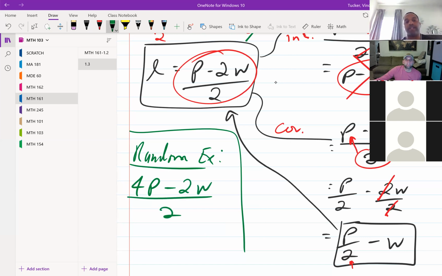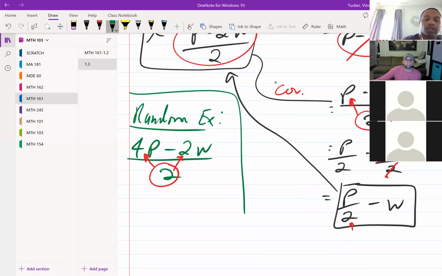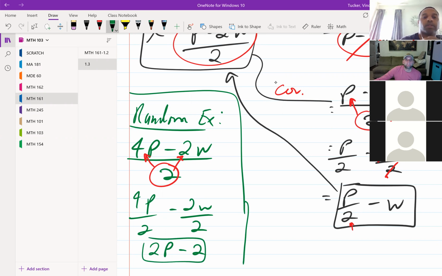If you have this, then you do have to reduce because this 2 can go into the 4 and it can go into that 2 evenly. And that means you would do 4P over 2 minus 2W over 2. And then that will reduce down to 2P minus W.